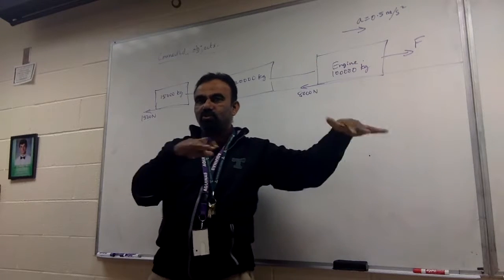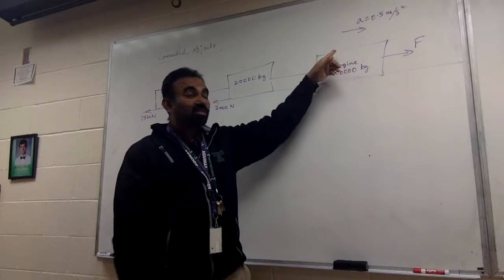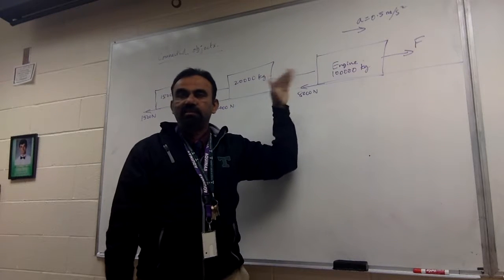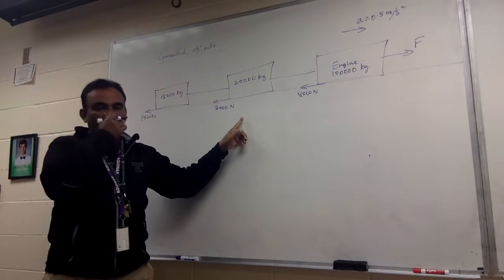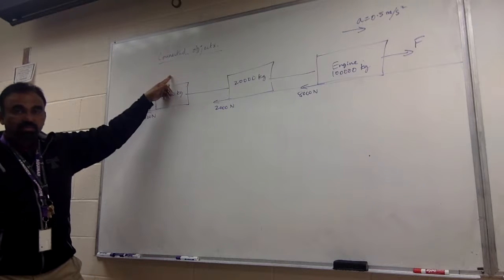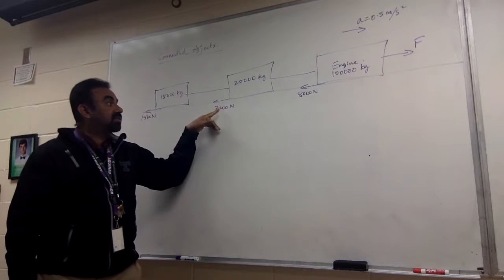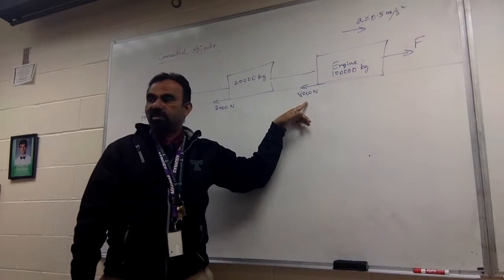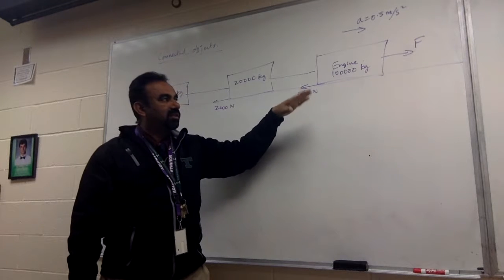Because the train is going this way, definitely not going up and down, right? So we are not really interested in the normal reaction at this point. Even here there is a weight downward, there's a normal reaction upward. The normal reaction will become important when you actually have to discover these forces yourself. Till then, we'll just keep away from that part of the problem.